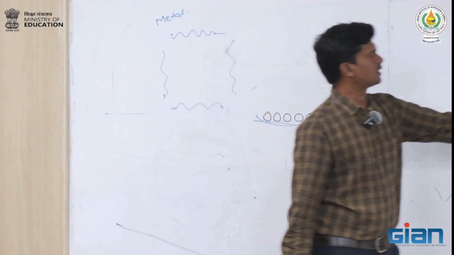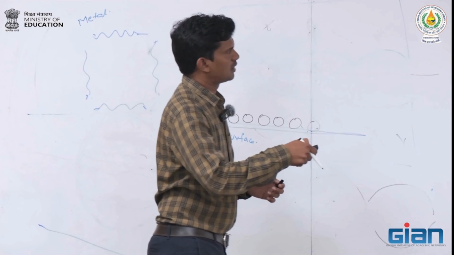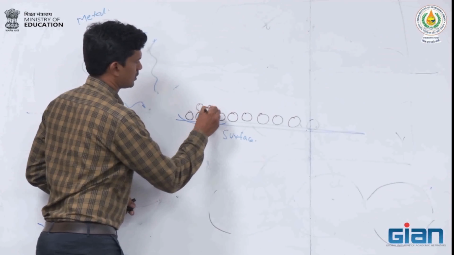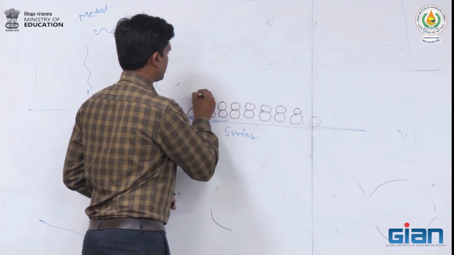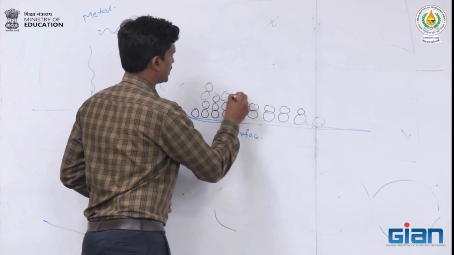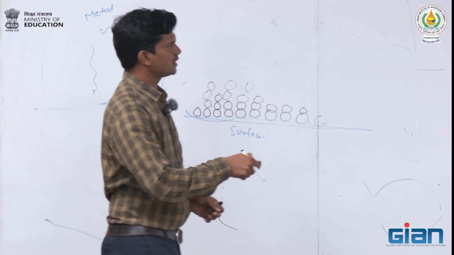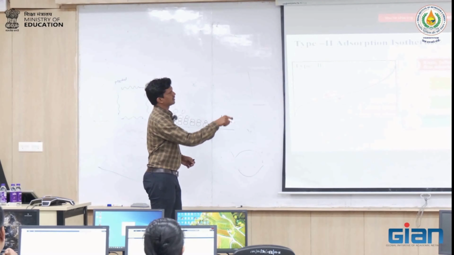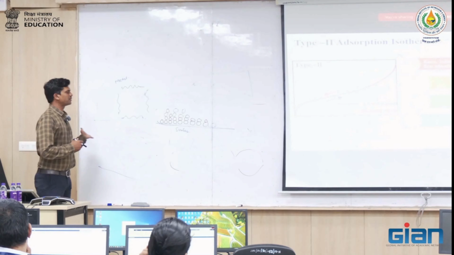Starting from here, it will go until here. After this point, the gas molecules start sitting on top of this. That's why as the pressure increases, the adsorption may happen something like this, and the uptake increases. This is like the first layer, and then it goes on. So it is most likely multilayer adsorption that happens here.